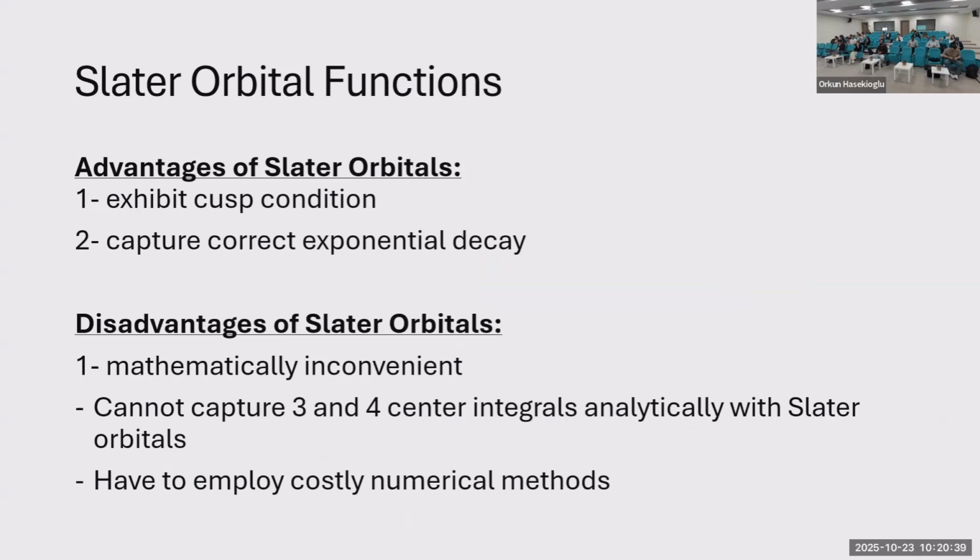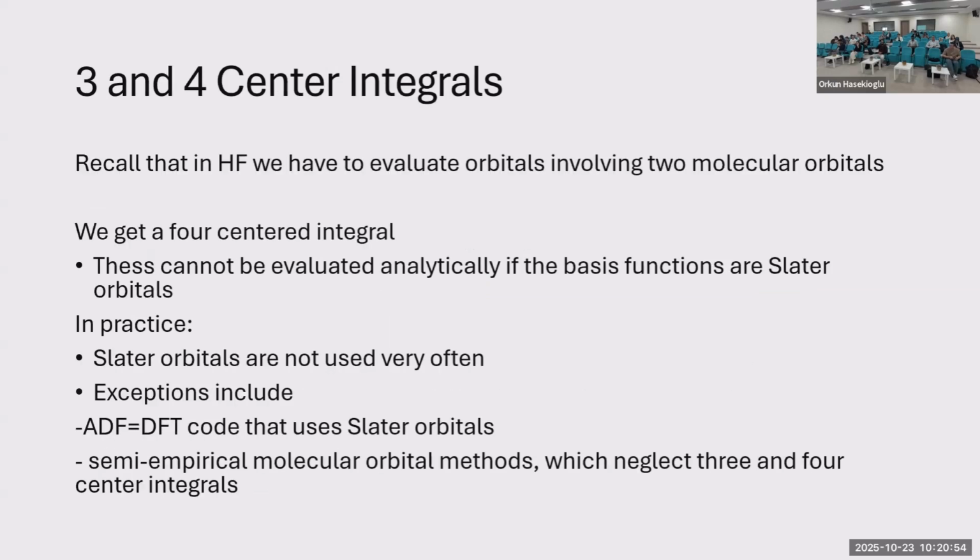They capture the correct exponential decay, but the disadvantages are that they are mathematically inconvenient. We cannot evaluate 3- or 4-center integrals analytically with Slater orbitals, and we have to employ costly numerical methods.